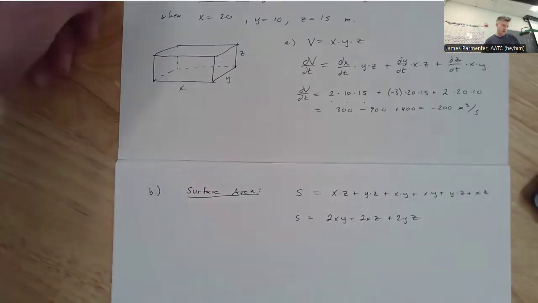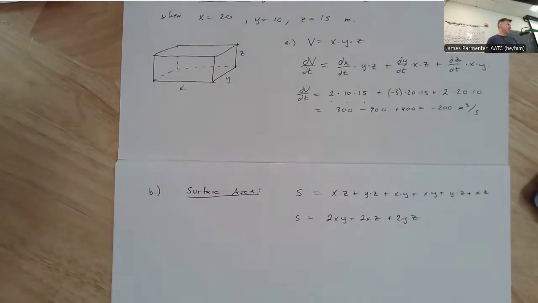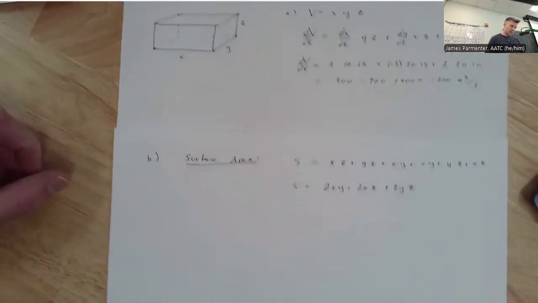So it should boil down to each face showing up twice. The XY face you get two of, the YZ face you get two of, the XZ face you get two of. There's 6 sides to this box.